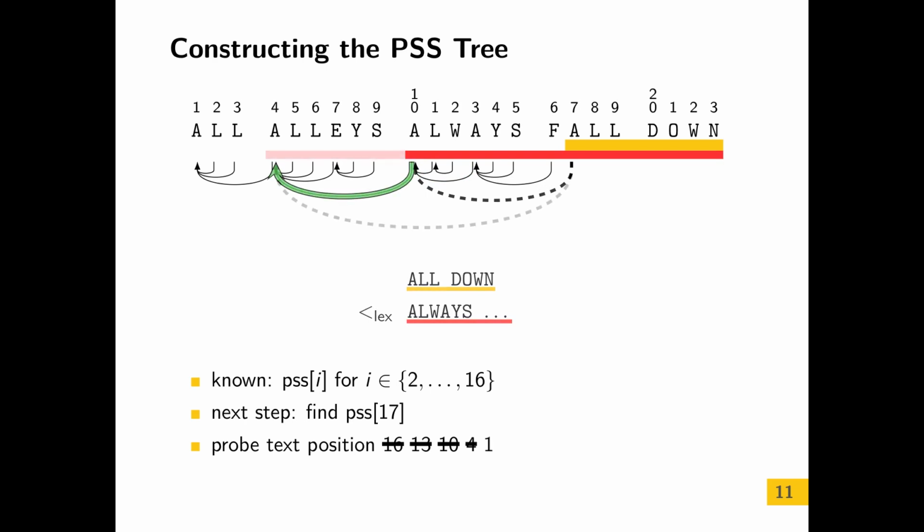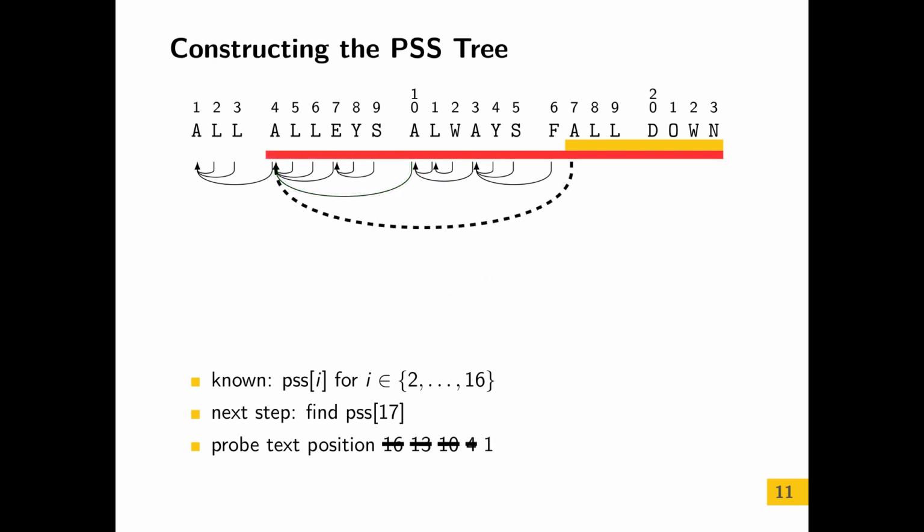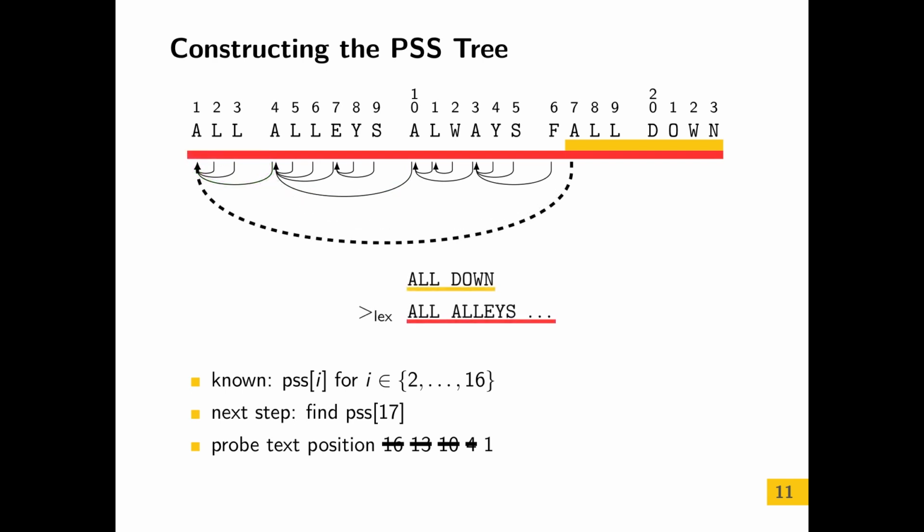One more time, we find a suffix that is lexicographically larger, and we follow the outgoing edge to position 1. Finally, suffix 1 is lexicographically smaller than suffix 17, and we add an edge from position 17 to position 1. We finished processing index 17. In the next step, our algorithm will process index 18 in the same way.